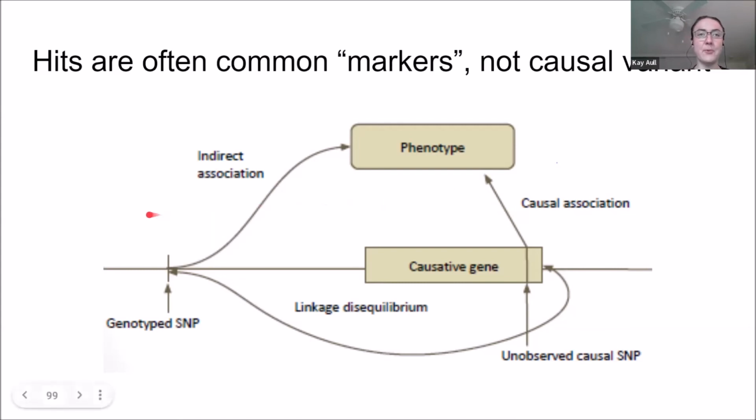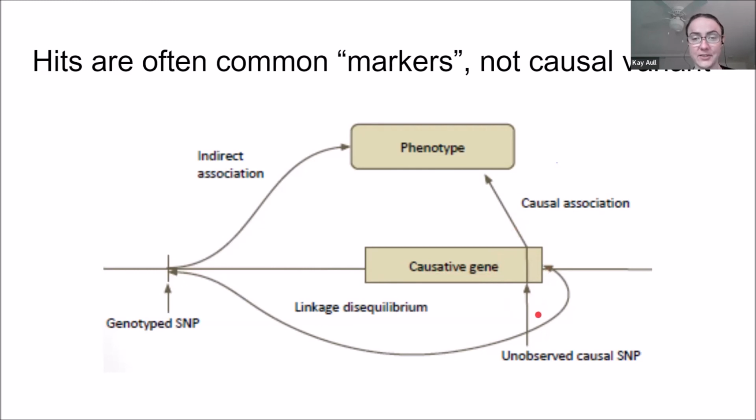And so if you have a genome-wide study looking for common SNPs, you might have your data on this genotyped SNP over here that is close to it. And that marker is in linkage disequilibrium, which means it is physically attached to this thing here, and it is only going to randomize over many generations. And so it is in linkage disequilibrium with what this unobserved causal SNP might be.